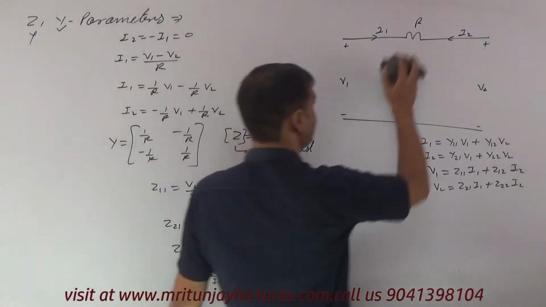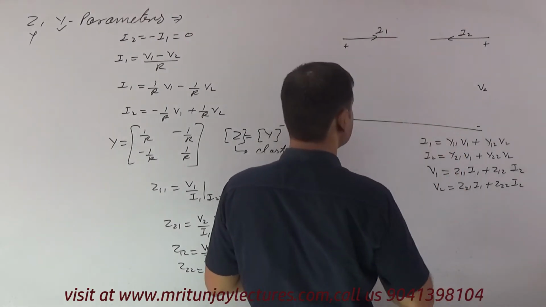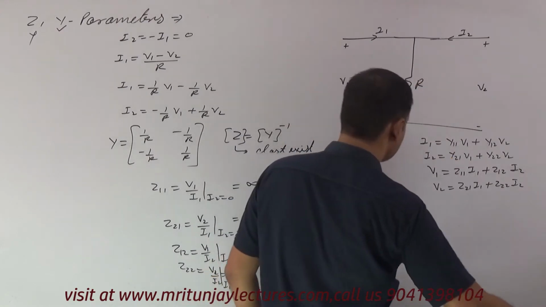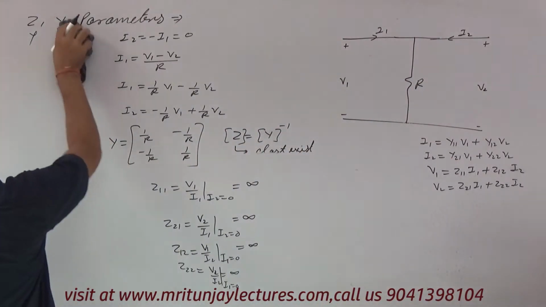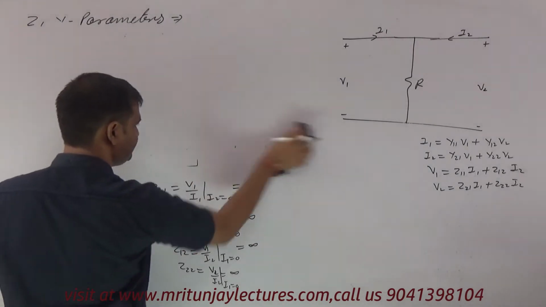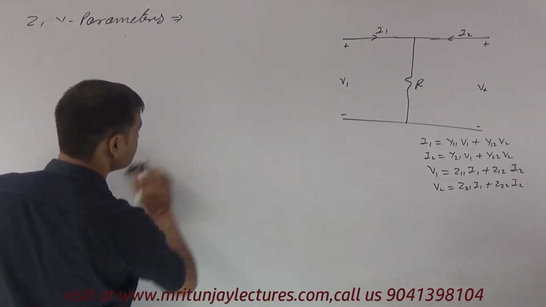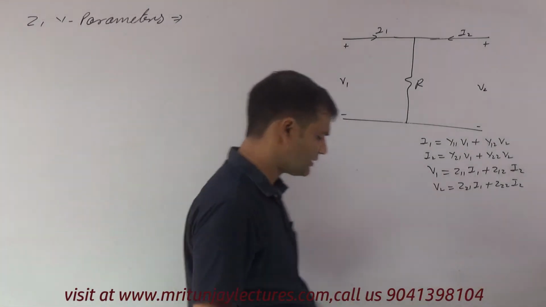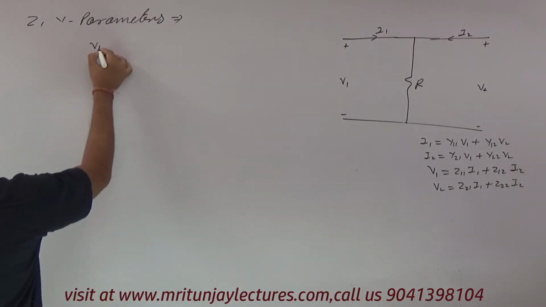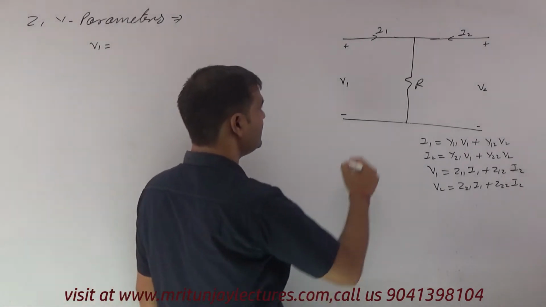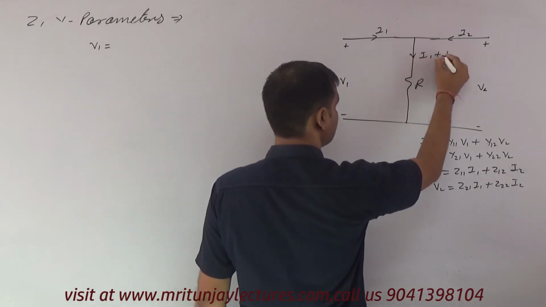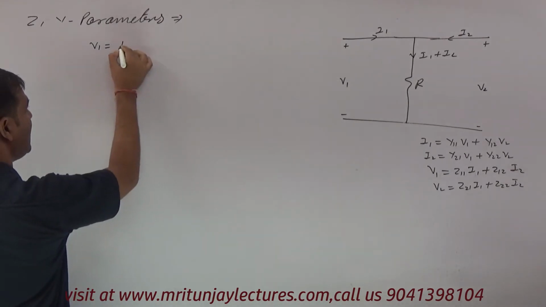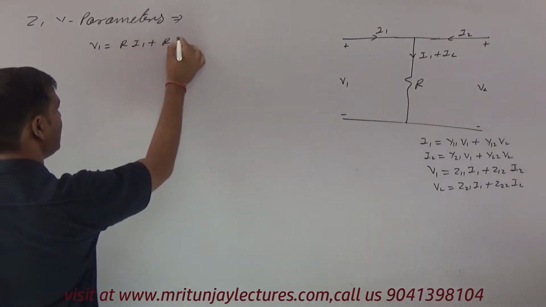Now I will take another question. Suppose there is a resistance R in parallel. Then what about the Z and Y parameters for this circuit? If you retain V1, here we get I1 plus I2 as the current. So V1 equals R into I1 plus R into I2.